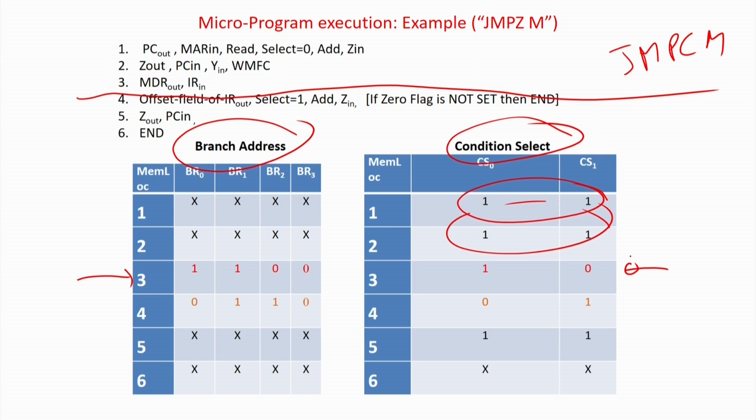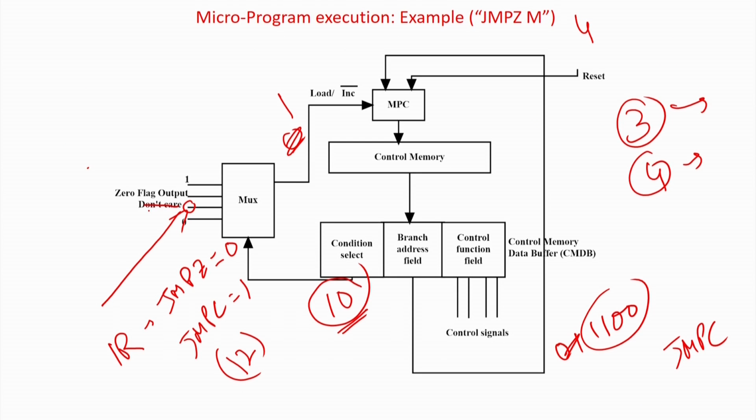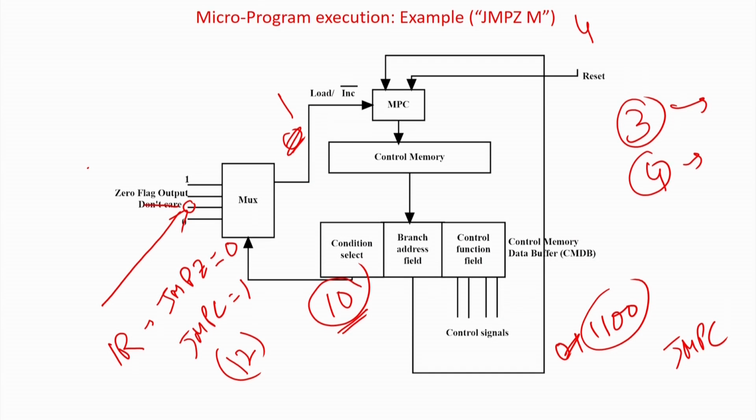Here it is very, very important. The condition select, as I told you, is 1 0. As I have already shown you, 1 0 means you are connecting to the third line. Here I have connected the IR output, the instruction decoder output, which gives 0 and 1, because we are making a simple assumption with two microprograms clubbed together. But of course, if you have a large number of microprograms clubbed together, then the mux will not be a 4:2 multiplexer, it will be a larger mux, because corresponding to the instruction decoder output, the number of inputs for the mux will rise.